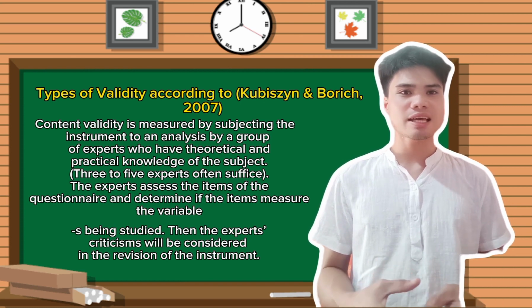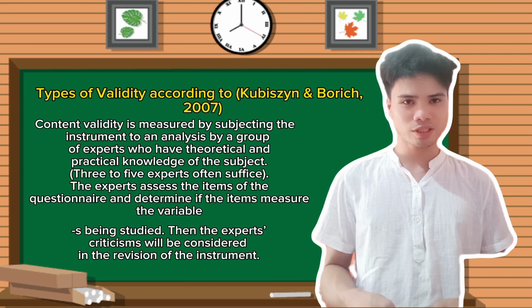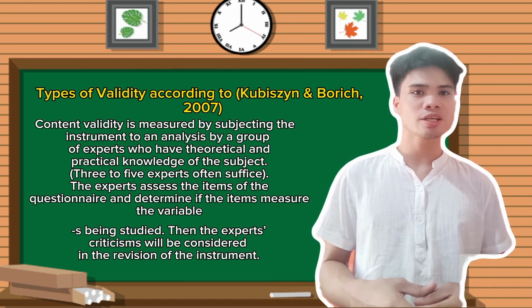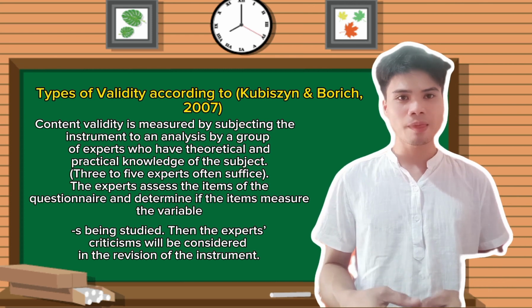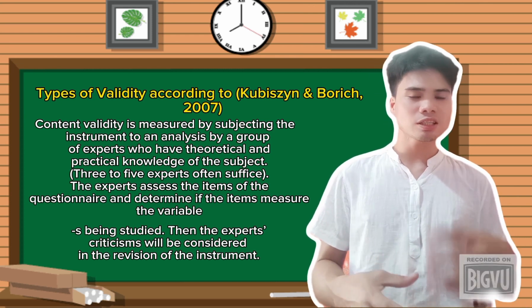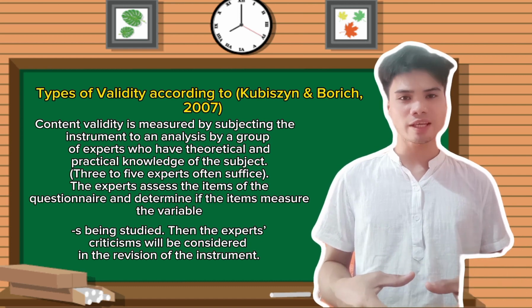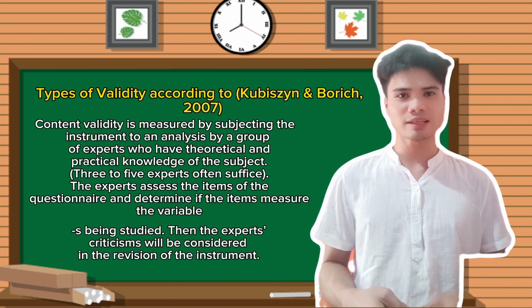The experts assess the items of the questionnaire and determine if the items measure the variables being studied. Then the experts' criticisms will be considered in the revision of the instrument. So take note of that.